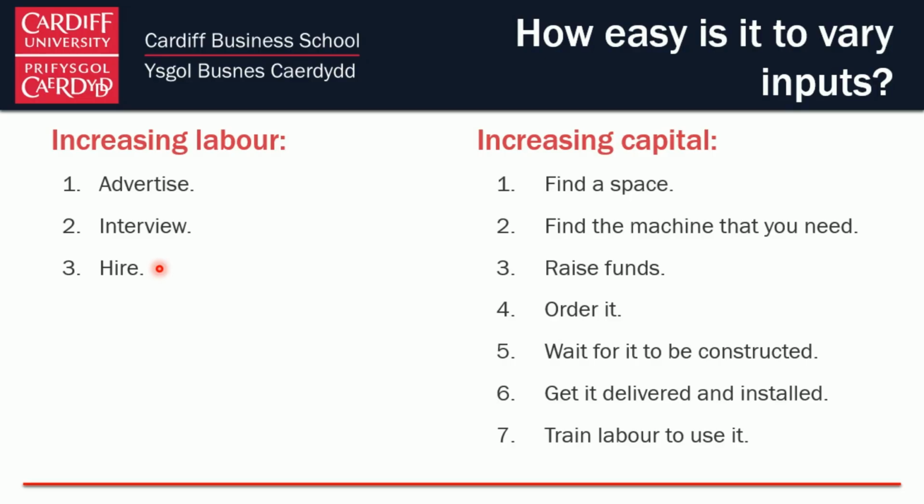So this allows for a faster response to changing production needs. On the other hand, increasing capital involves a much more complex and time-consuming process. Finding space, sourcing the specific machinery, raising funds, ordering and waiting for delivery, even training labor to use the new equipment, they all add up to significant delays. So this contrast highlights why labor is often considered a little bit more flexible input, when compared to capital. And this difference actually is going to be useful when we talk about the short run and the long run.